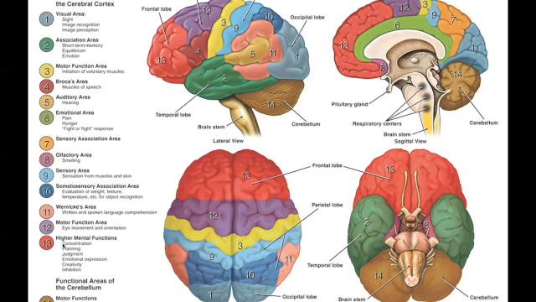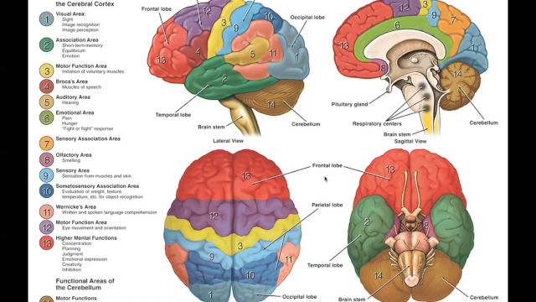The 13th one is higher mental functions, and it forms a part of the frontal lobe, and this area helps in concentration, planning, judgment, emotional expression, creativity, and inhibition. So it controls virtually all the aspects of what we do, and it is the largest lobe out of the four lobes that we have.